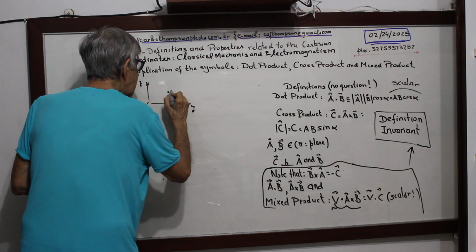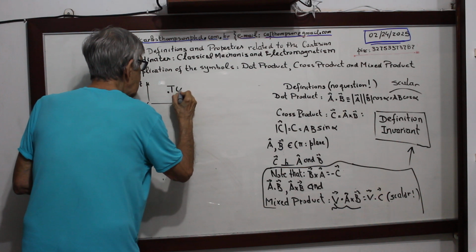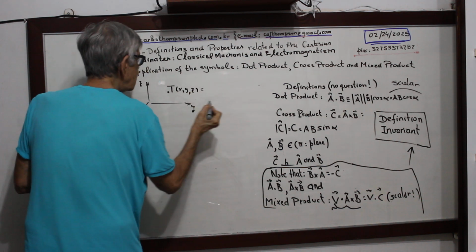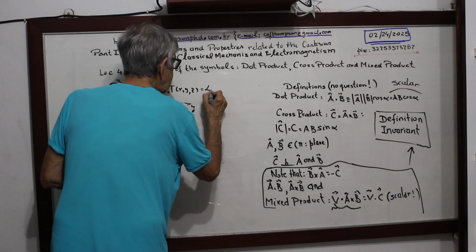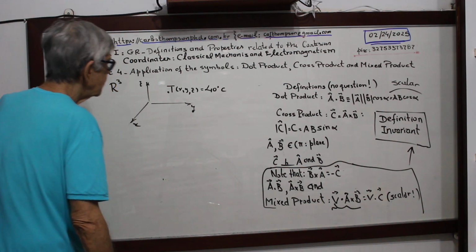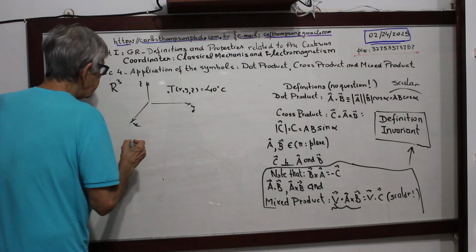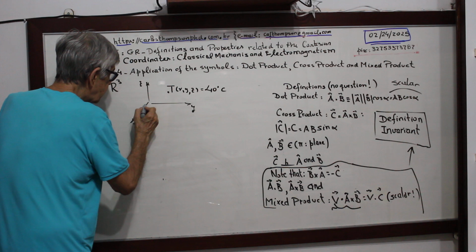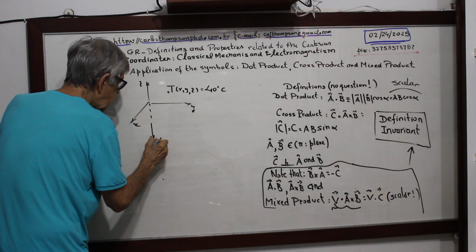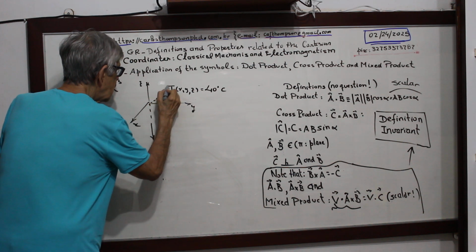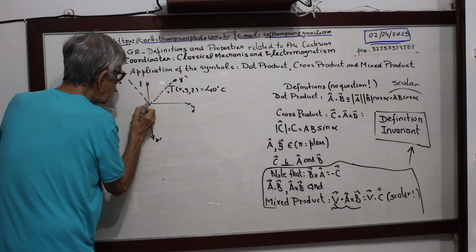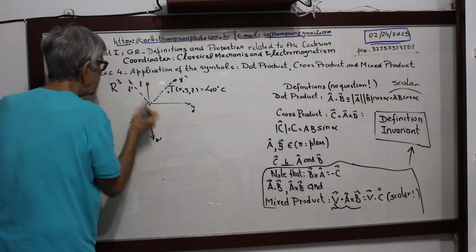Suppose my temperature at X, Y, Z is equal, let's put, 4 degrees Celsius. Now, if I move my axis, this is X prime, this is Y prime, and this is Z prime.